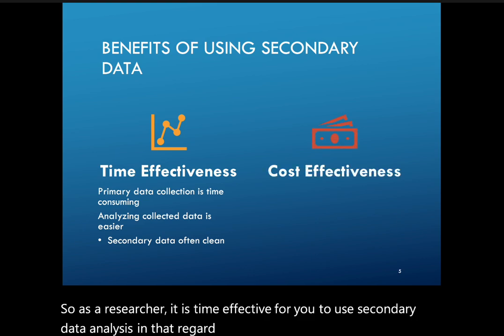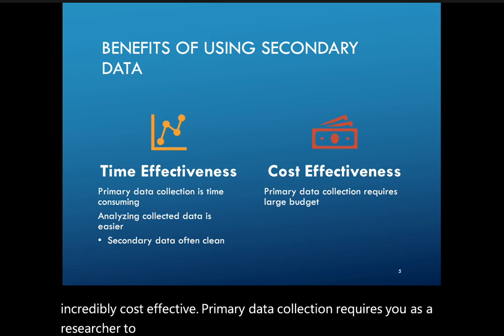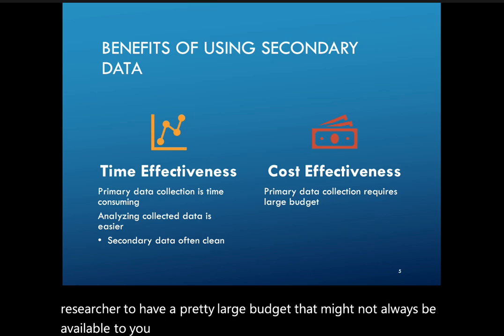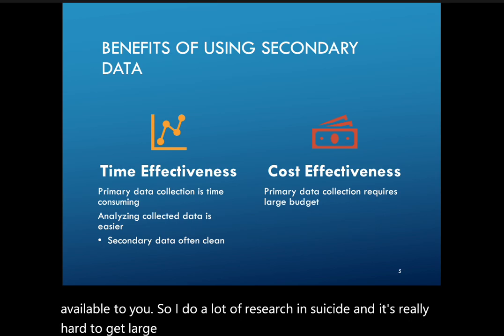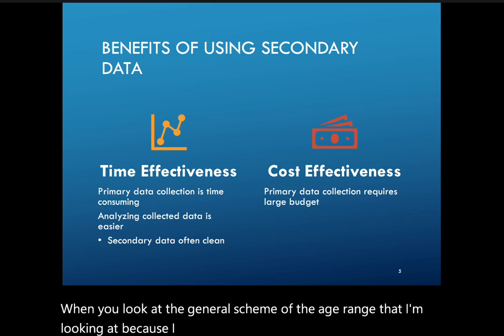And relatedly, secondary data is incredibly cost effective. Primary data collection requires you as a researcher to have a pretty large budget that might not always be available to you. So I do a lot of research in suicide, and it's really hard to get large sample sizes because it's a pretty rare outcome when you look at the general scheme of the age range that I'm looking at, because I look at young adolescents.